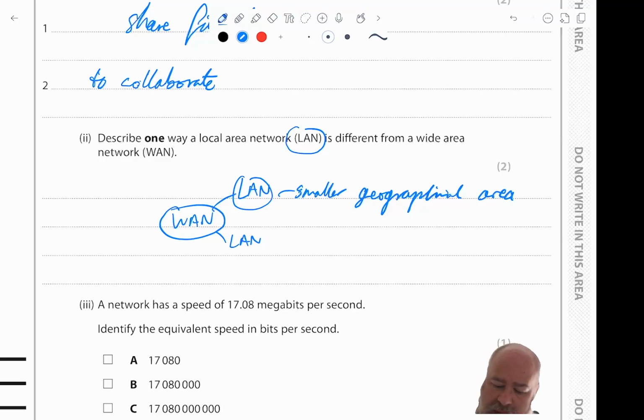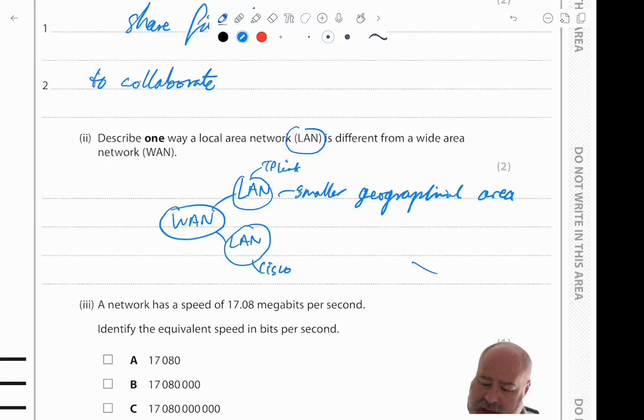They could also be, for example, this could be Cisco hardware, and then this could be, I don't know, TP-Link, something like that. So they could have different infrastructures, different manufacturers, and that LAN connects individual devices using switches. So hopefully you study your network topology, star, mesh, and bus networks.